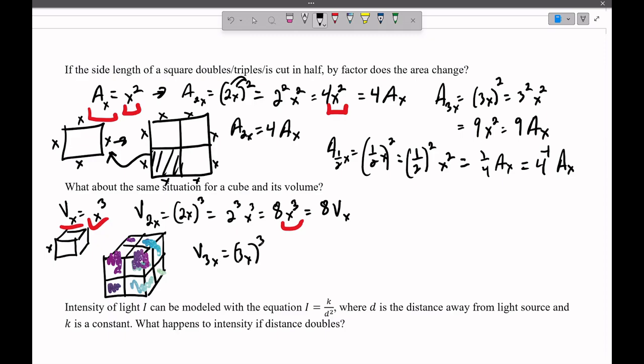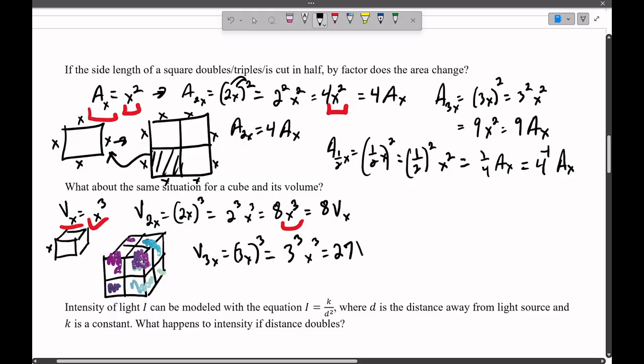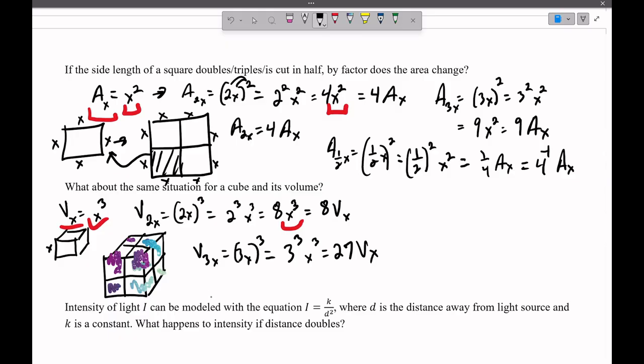3x cubed. We get 3 cubed times x cubed is now 27 times x cubed, which is the volume of x. There's going to be 27 cubes inside that bigger cube.